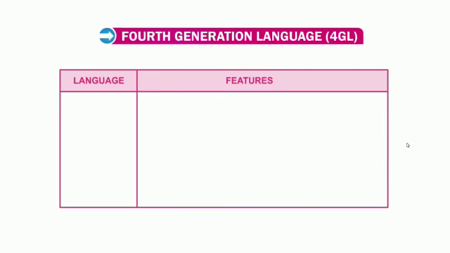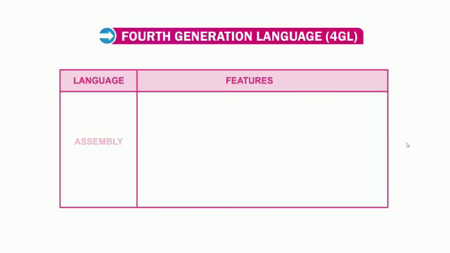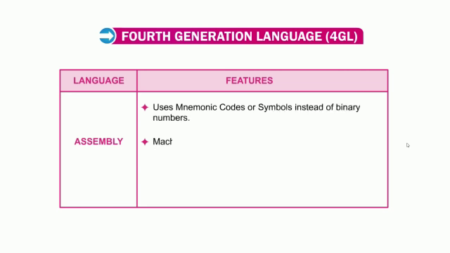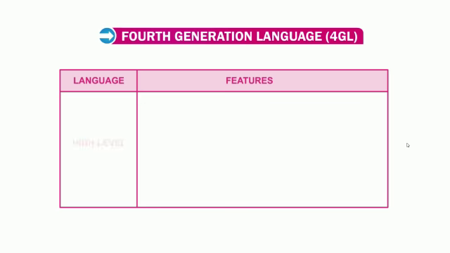Now, let us briefly sum up about computer languages and their features. Machine language uses binary codes to depict operators and data. It is machine dependent and the only language directly understood by a computer. Assembly language uses mnemonic codes or symbols instead of binary numbers. It is machine dependent and has to be converted into machine language by translator programs, assemblers.